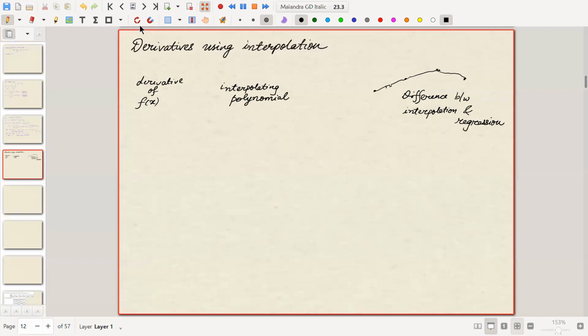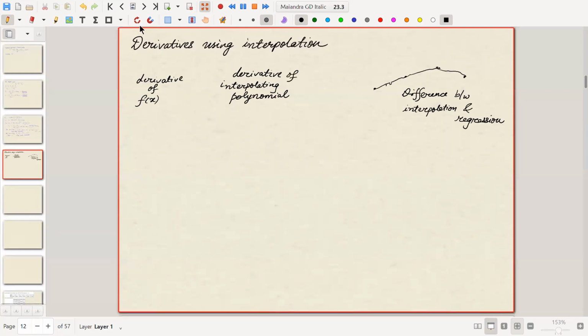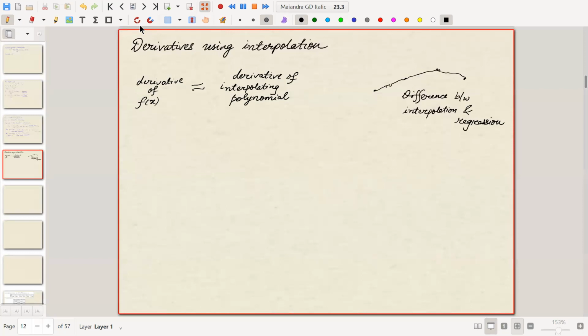You have a set of discrete data points, and you use interpolation to find the interpolating polynomial. That is your best guess for f(x). So obtaining the derivative of f(x) is the same as obtaining the derivative of the interpolating polynomial. You understand the basic logic behind this.